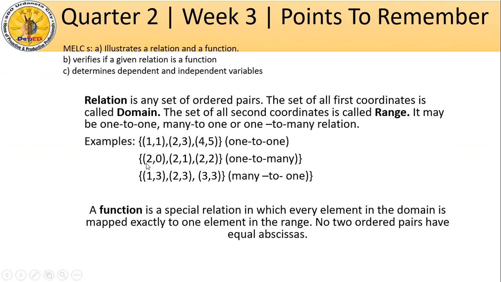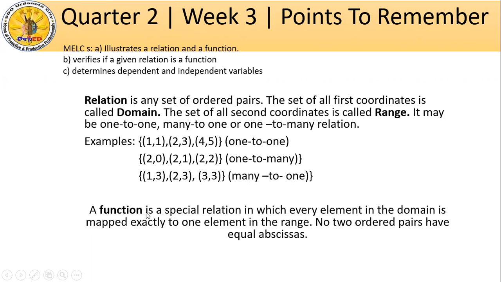Since there is only one domain which could be paired to the 3 range, then the relation is 1 to many. For the third example, the domain are 1, 2, and 3, while the range is 3. The three domains could be paired to only one range, so therefore, the relation is many to one.